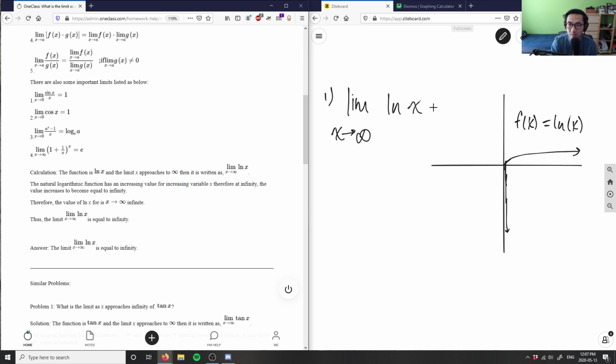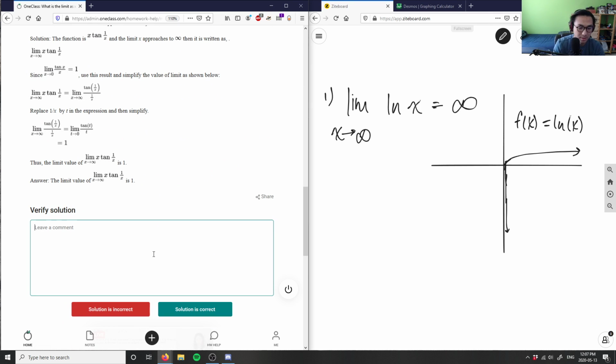As x approaches infinity, ln x also equals infinity, because the y value is going to keep increasing. So the limit of ln x as x approaches infinity equals infinity. The solution here is correct, and it's a great analysis as well.